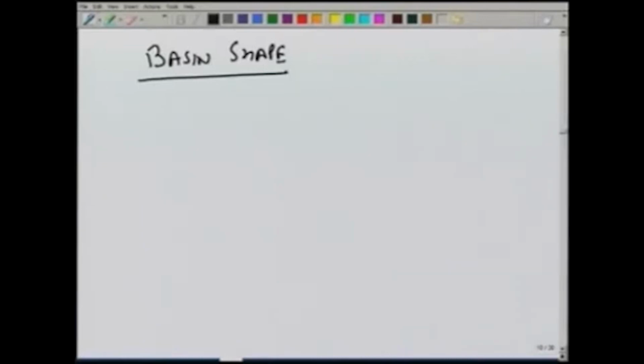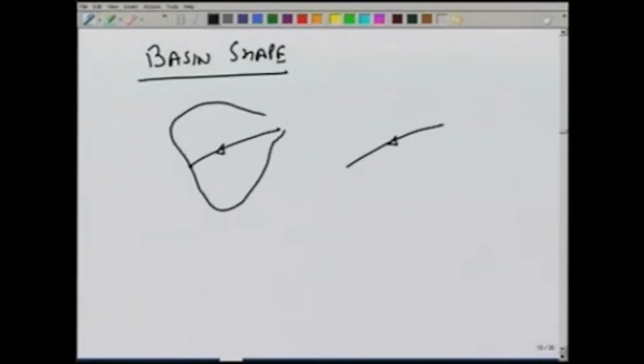Let us look at two basins which have everything identical, for example, same length of river, same size, but the shapes of the catchment are different.